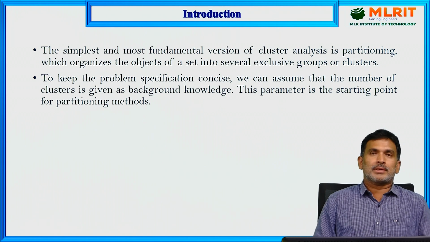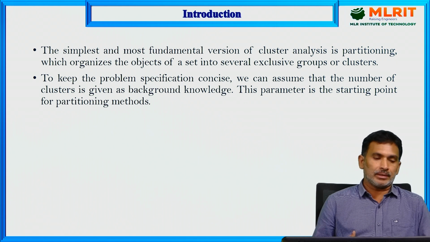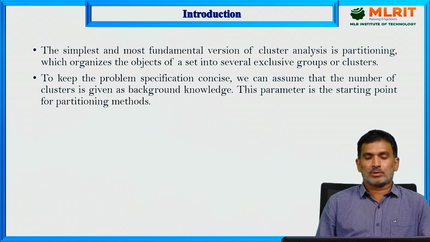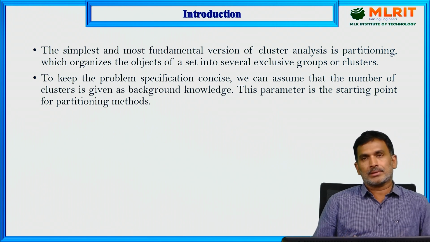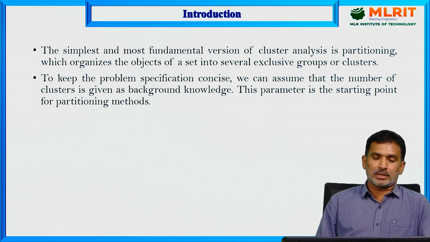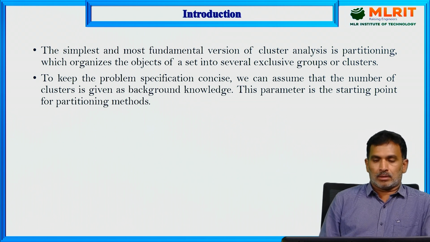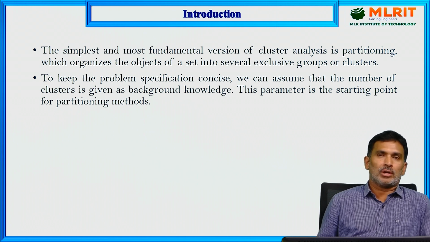The simplest and most fundamental version of cluster analysis is partitioning, which organizes the objects of a set into several exclusive groups or clusters. That means each object belongs to only one cluster. To keep the problem specification concise, we can assume that the number of clusters is given as background knowledge.